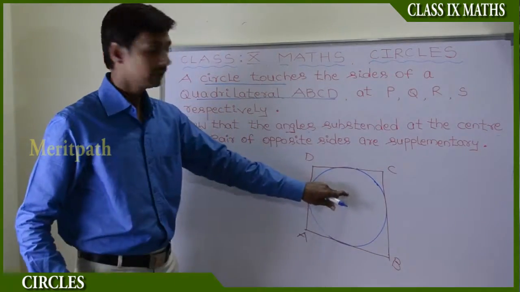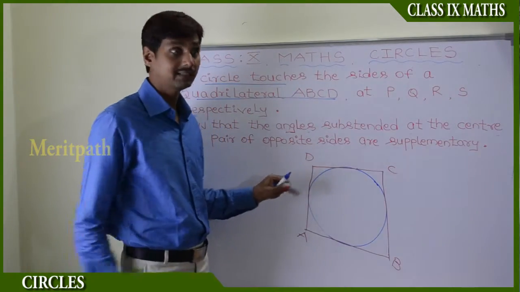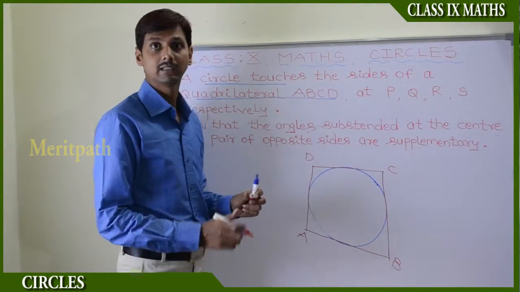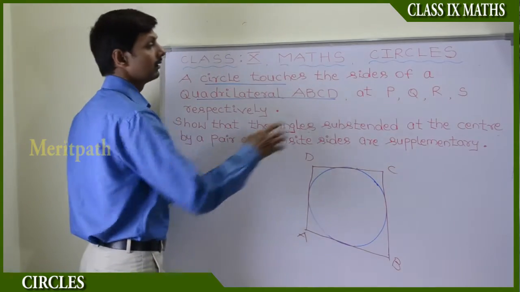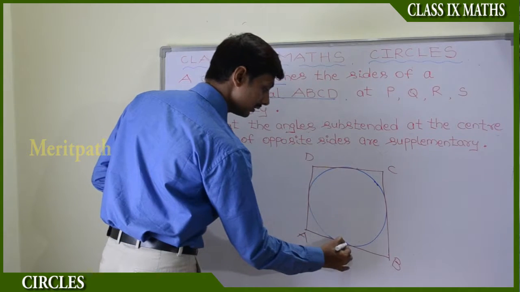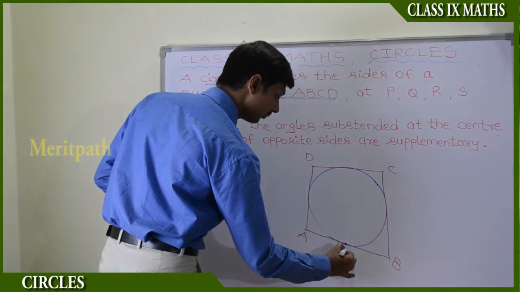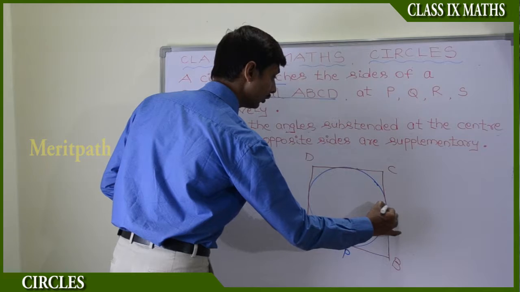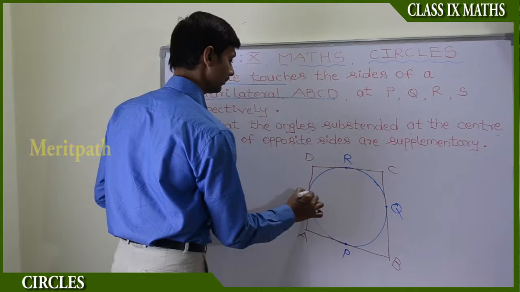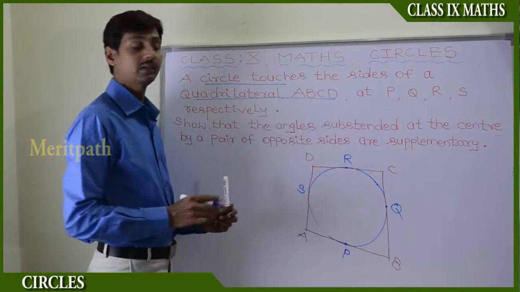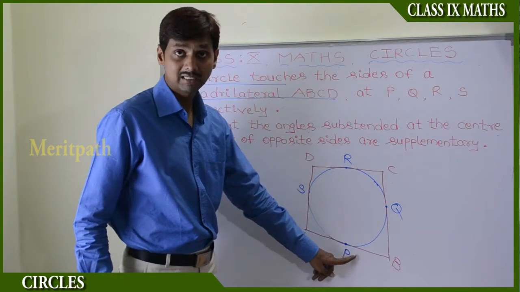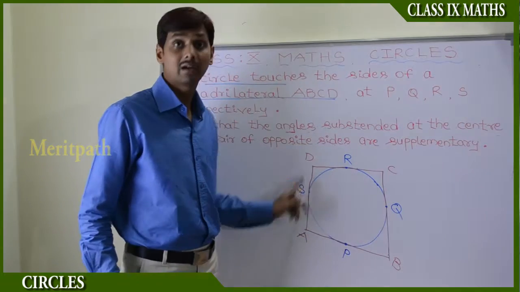The circle touches the sides of quadrilateral ABCD at the points P, Q, R, S respectively. Here we have understood the circle touching the quadrilateral at the points P, Q, R, S respectively.